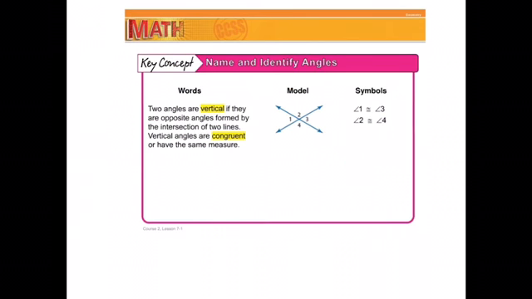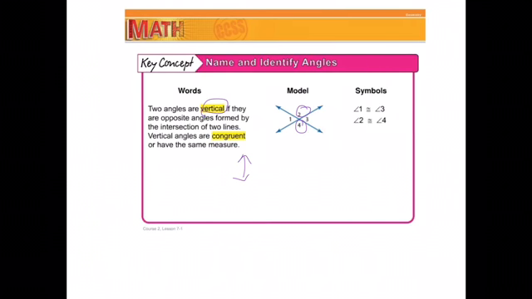Now I said we were going to come back to vertical and adjacent. Two angles are vertical if they are opposite of each other. And it's kind of confusing because we think of vertical and horizontal. We think vertical typically means up and down. So I can easily see 2 and 4 are called vertical angles.